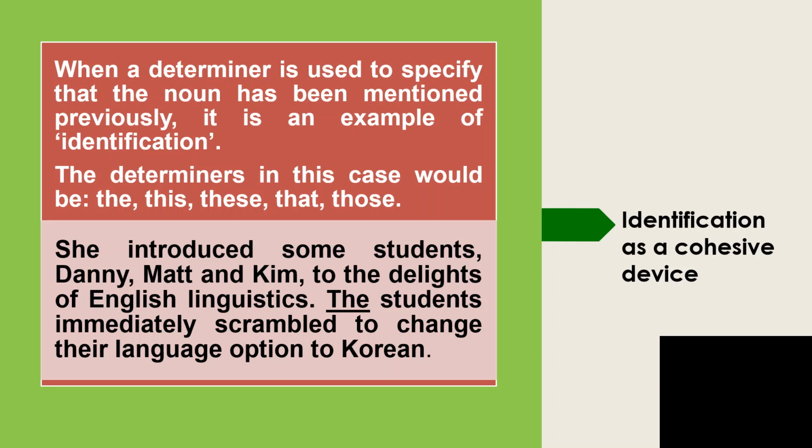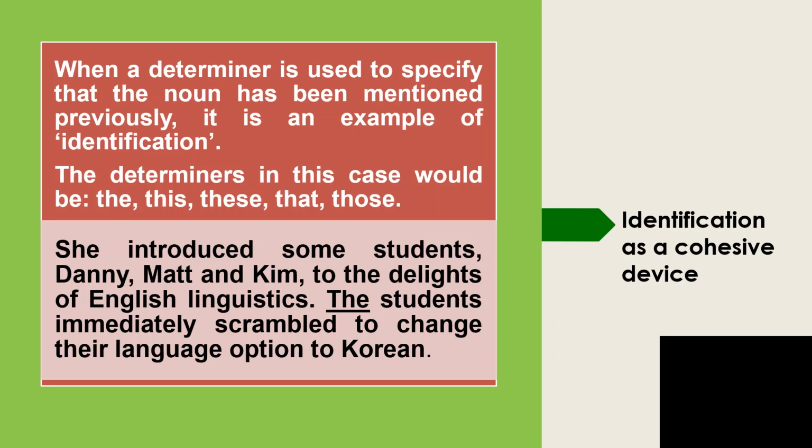So notice, by using the in front of students, the article, remember that's an article, I have made it clear that I'm talking about the same students mentioned and named in the first sentence. So that is identification as a cohesive device.